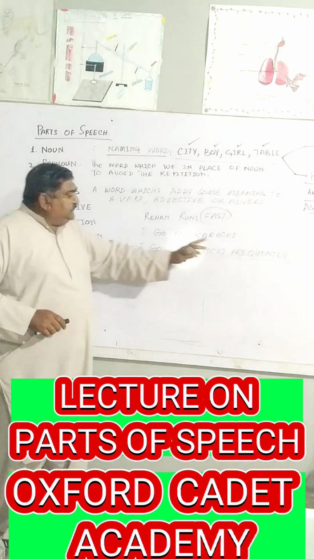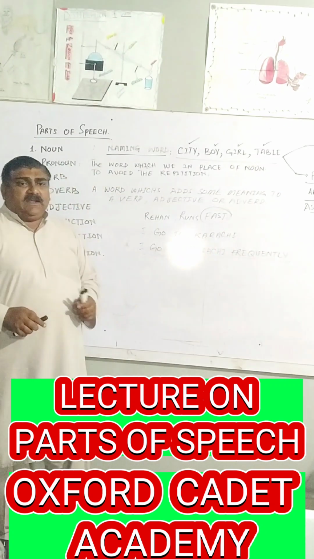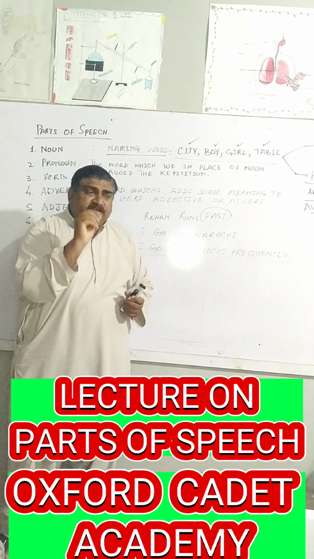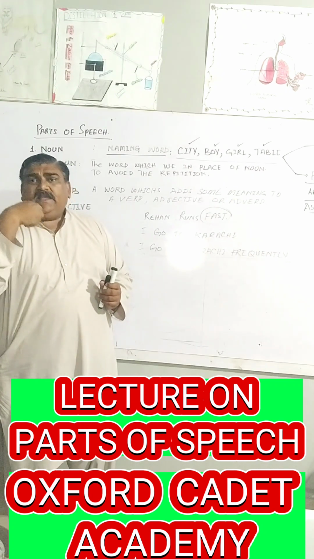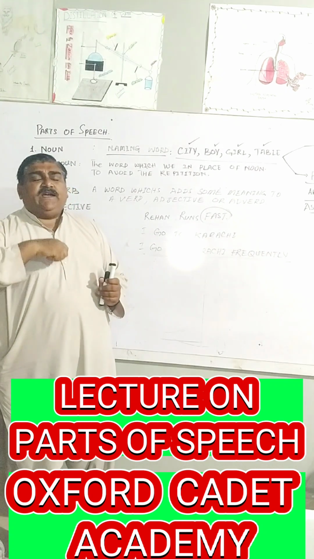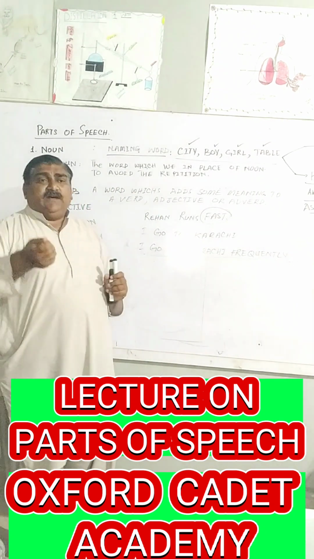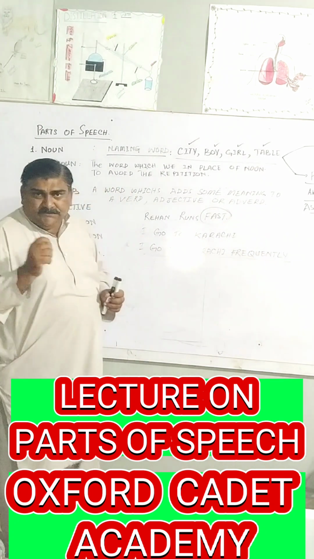So this word shows that this is an adverb. When in any sentence we add some words which qualify the verb, which qualify the adjective, which qualify the adverb, then that word is called an adverb. Right? Yes, sir.